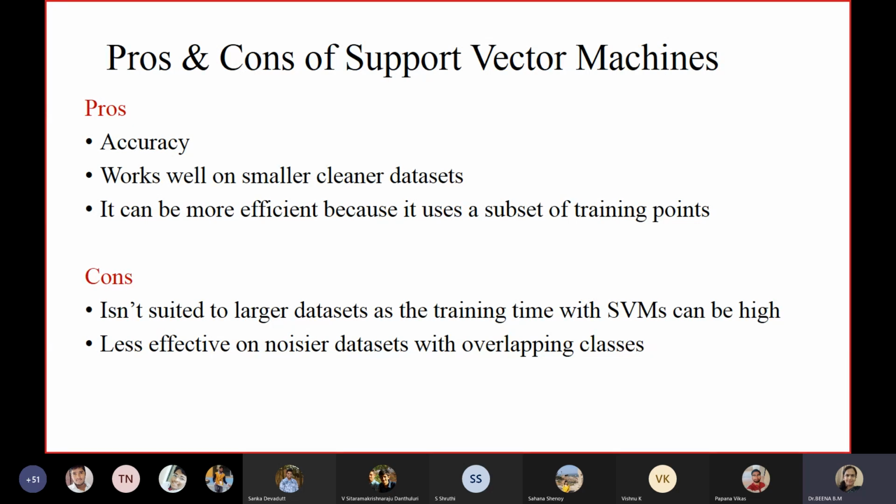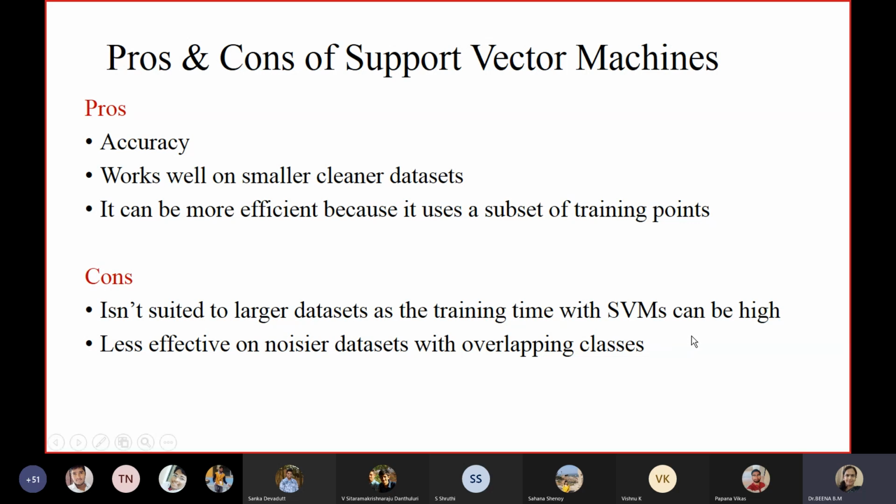Cons is it doesn't work well for larger data sets. Since they take very small data sets, the data has to be divided into chunks, so the processing time will be very slow. Training time will be very slow.